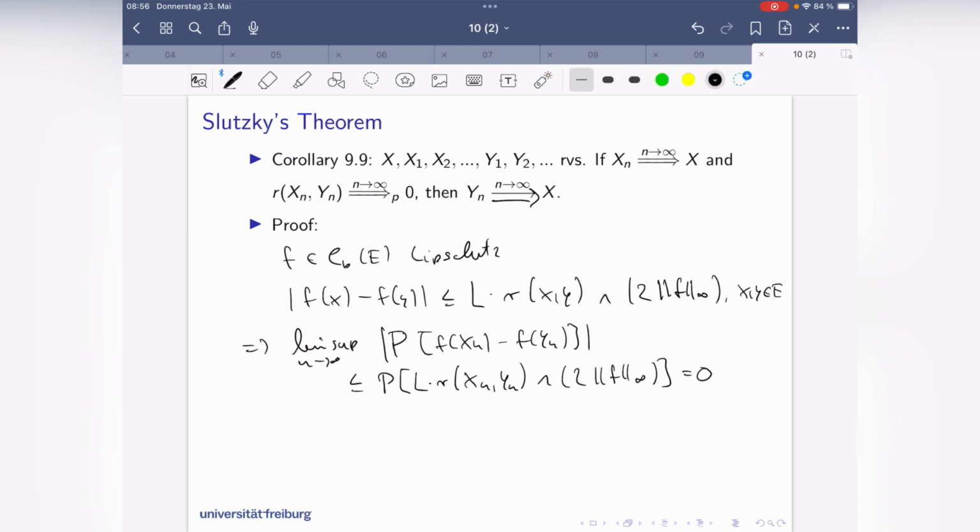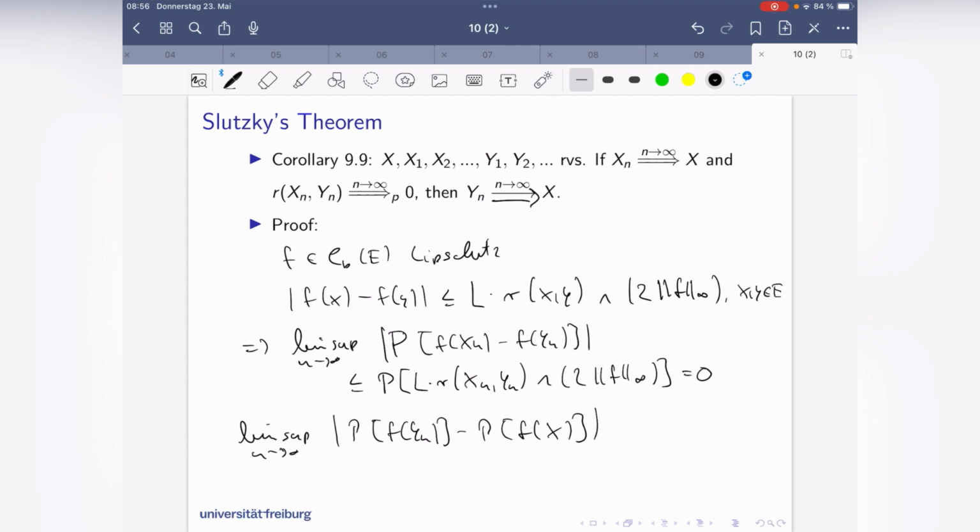And now it's an easy exercise of limits. The limit as n goes to infinity. So what do we need? We need the integral of f of yn to converge to the integral of f of x.